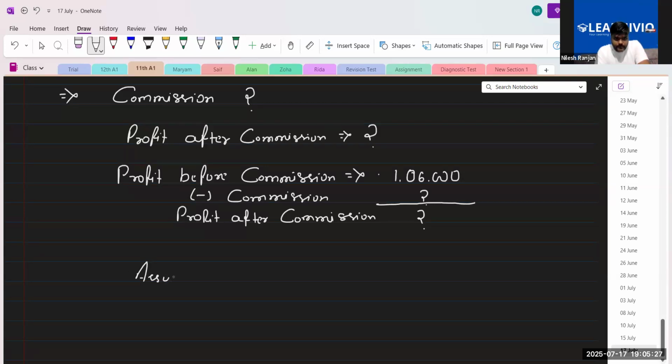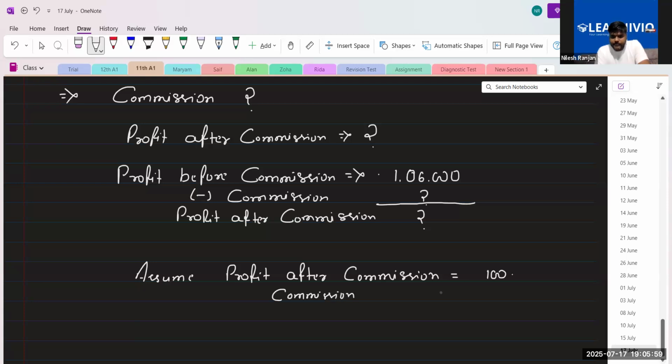Assume profit after commission as whatever you want, let's say 100, or you can assume X. So if your profit after commission is 100, then commission will be 100 into 6%.